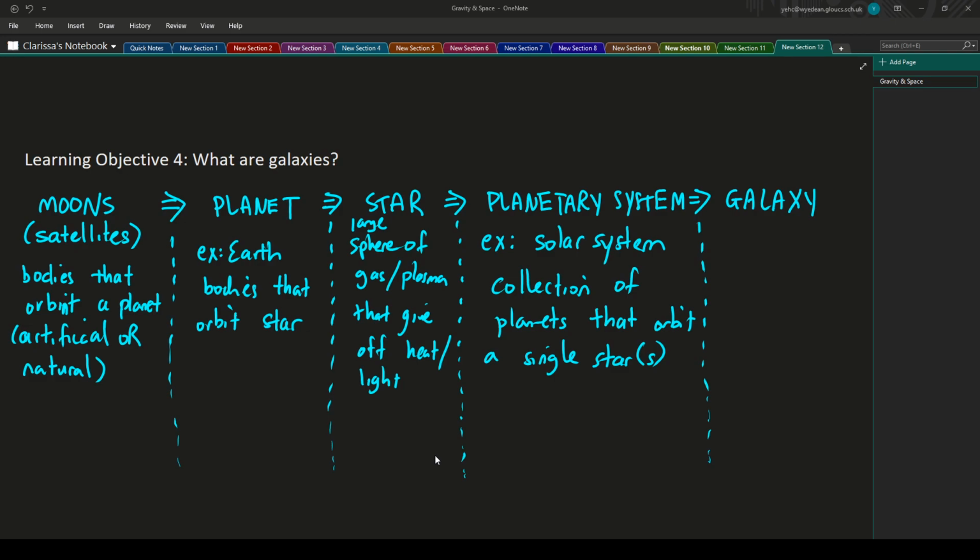So the reason why we call our planetary system the solar system is because our sun actually has a name that's not just sun. Our sun's name is Sol, S-O-L. So that's our sun's proper name in astrophysics, Sol. So we call our planetary system the solar system because it's a planetary system that belongs to our sun named Sol.